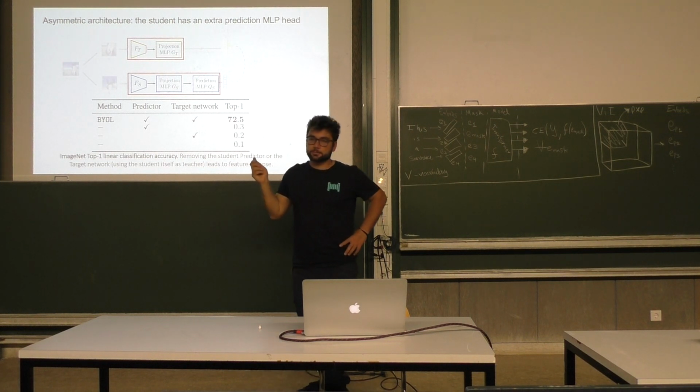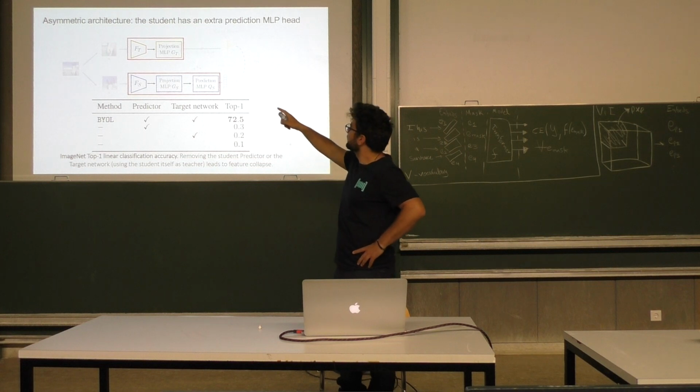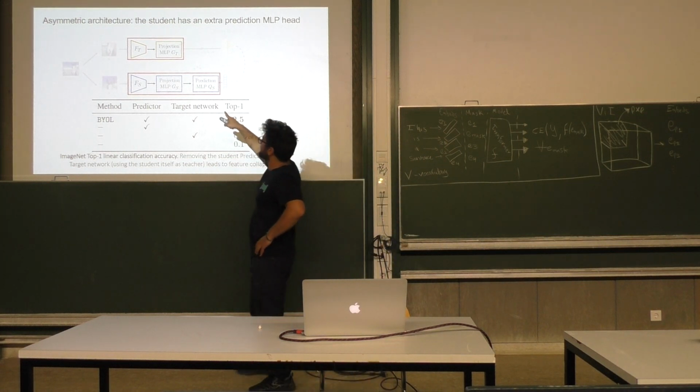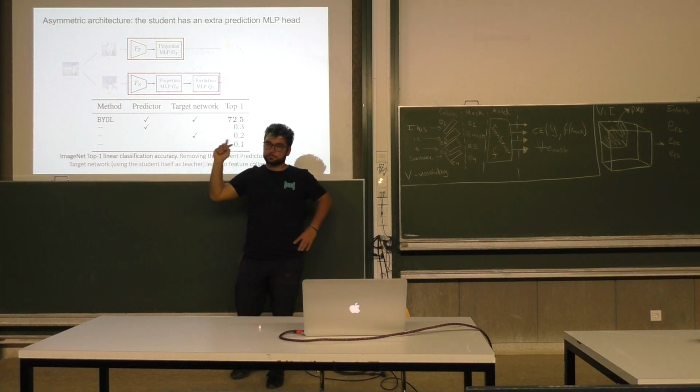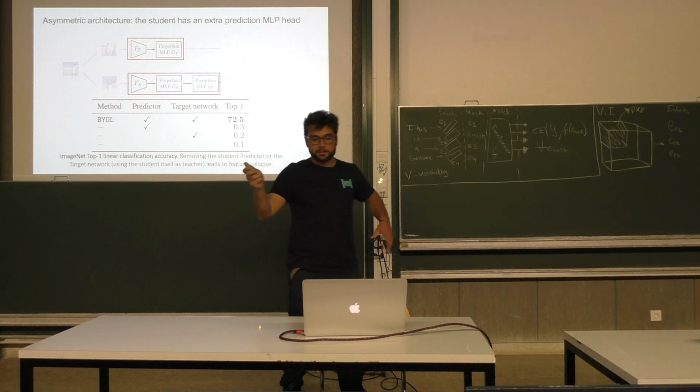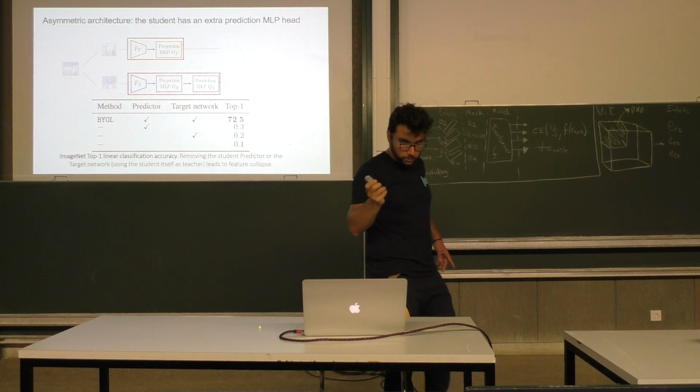Any questions here? So the asymmetry refers to the additional MLP that's happening here, and not theoretically, but in practice, it doesn't allow the model to collapse.